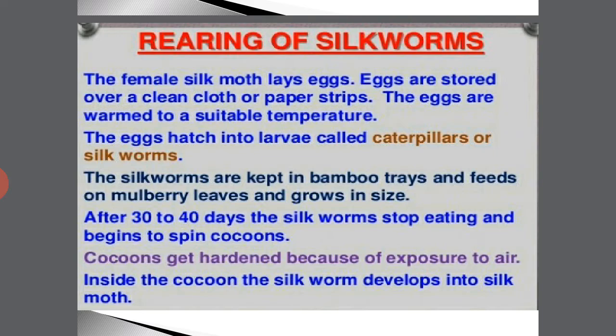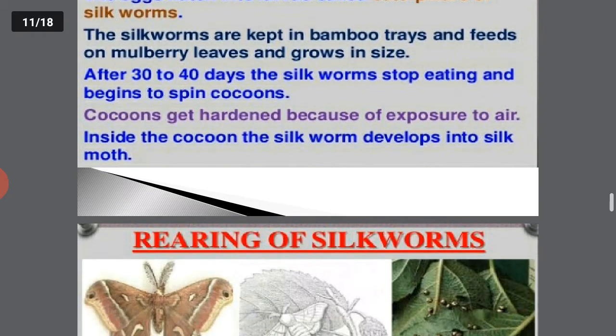The silkworms are kept in bamboo trays, feed on mulberry leaves and grow in size. After 30 to 40 days, the silkworm stops eating and begins to spin a cocoon. The cocoons get hardened by exposure to air. Inside the cocoon, the silkworm develops into the silk moth.